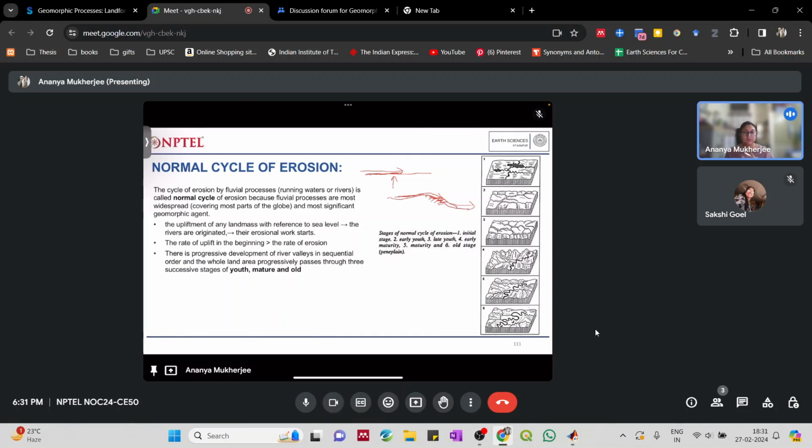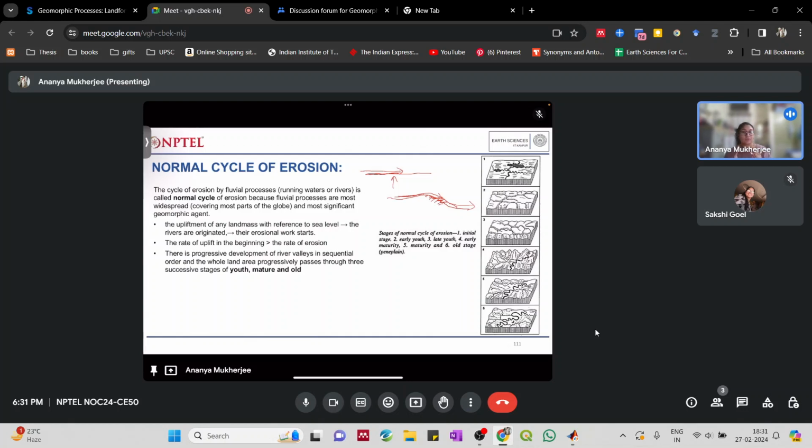So the uplift of any landmass with respect to the mean sea level is necessary for rivers to even originate and flow downwards, and that is when the erosional work starts.